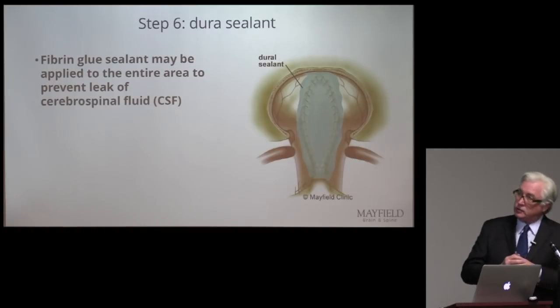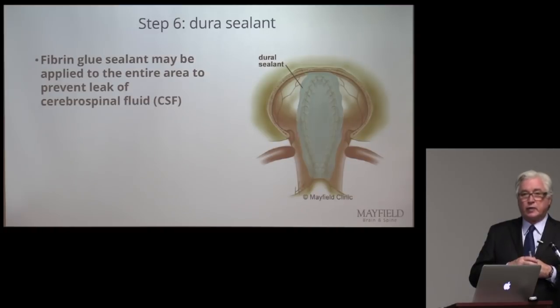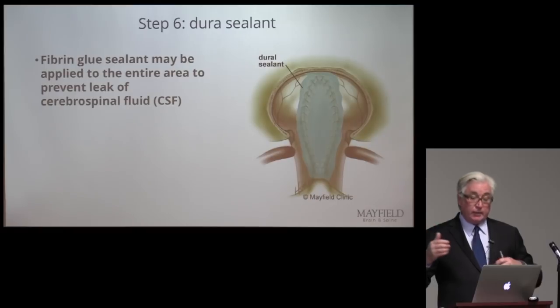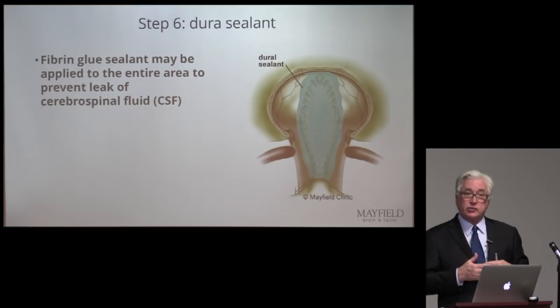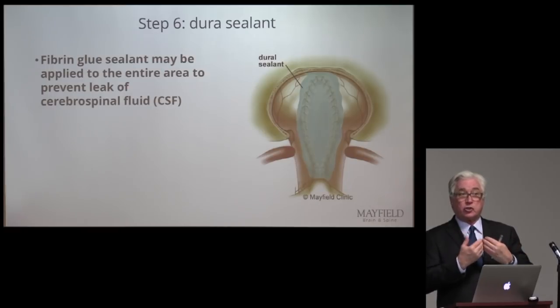And what you see here in the green is a little spray sealant. It's like a super glue kind of sealant that we use to help stop any spinal fluid from leaking. So when you go home, we tell you make sure you don't cough and sneeze and strain very much, because we don't want CSF to start leaking.